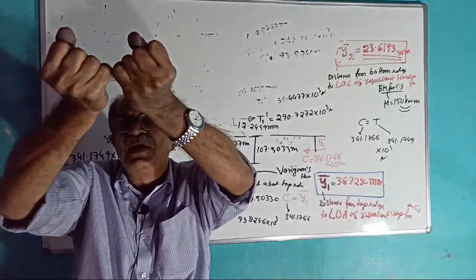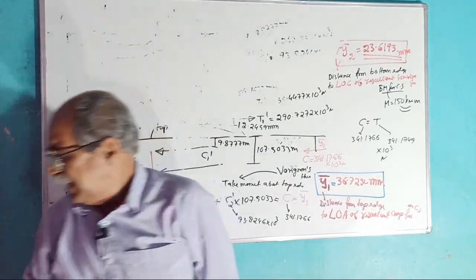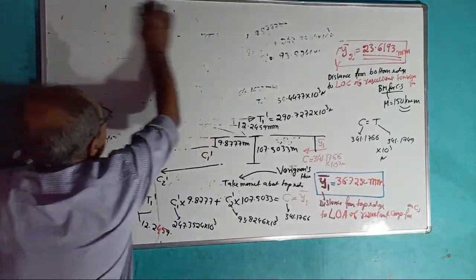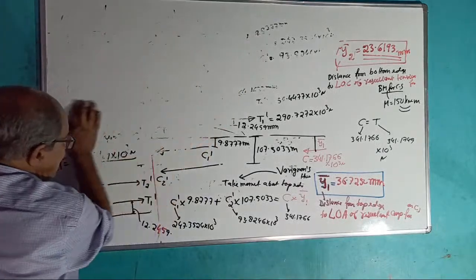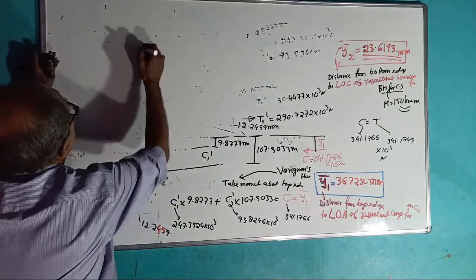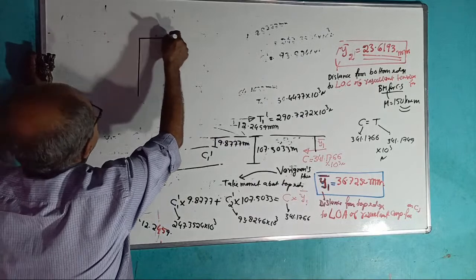How the bending moment is resisted by the cross section, I am giving a technical explanation, not simply telling M by I equal sigma by Y equal E by R. That anybody can tell.